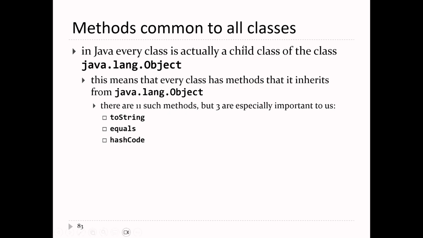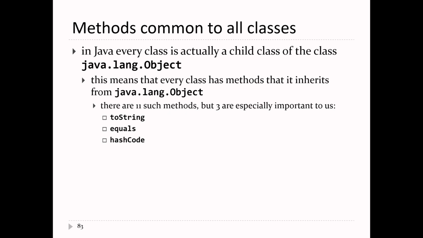And so in Java, the way that Java implements classes is that every class that you create is what's called a subclass or a child class of this thing called Object. Remember I told you that in Java, reference types all have more than one type.